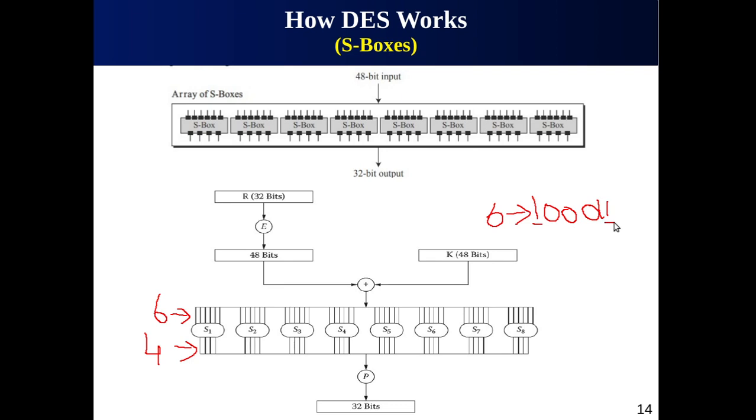The most and least significant bits of this number correspond to the row, while the 4 inner bits in between represent the corresponding column. So the most significant and least significant bits represent the row of the table, while the inner 4 bits represent the column of the table.